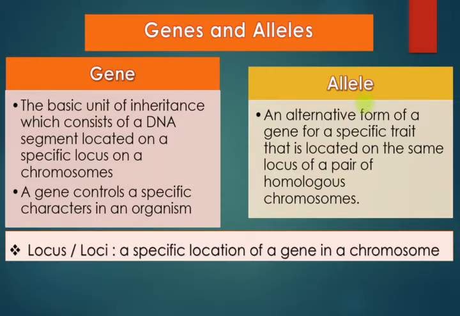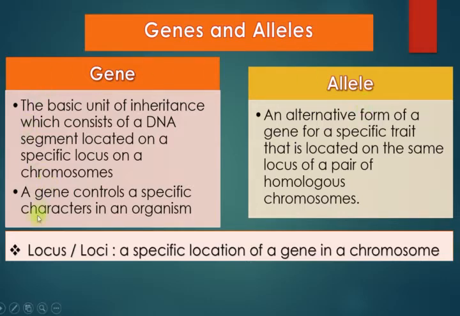A gene will have two contrasting alleles: the allele that controls the dominant trait, and the allele that controls the recessive trait. We already discussed the dominant allele and recessive allele. So an allele is a gene, but in alternative form, that controls the specific trait.